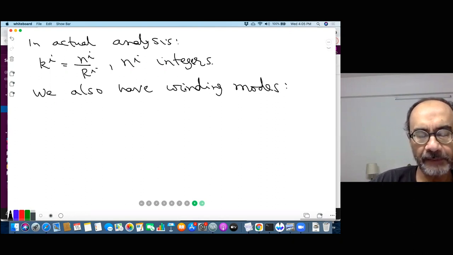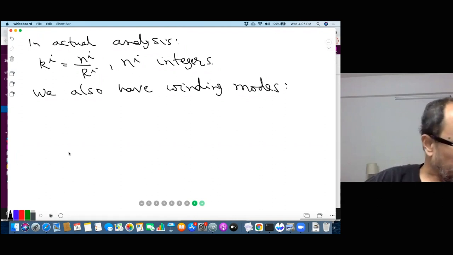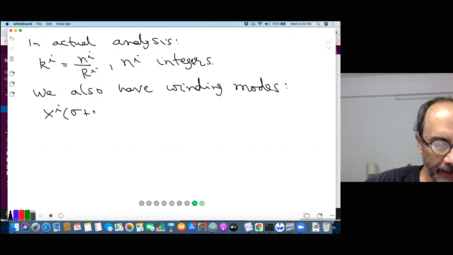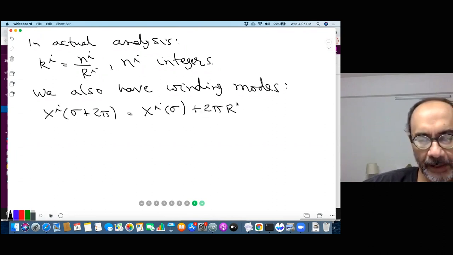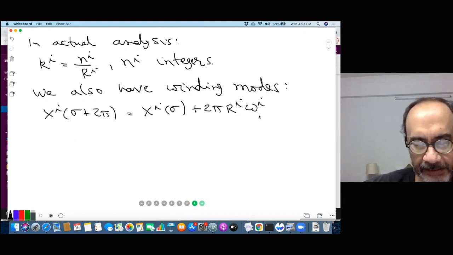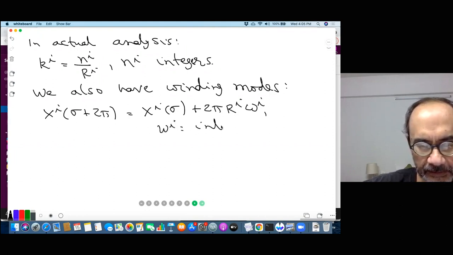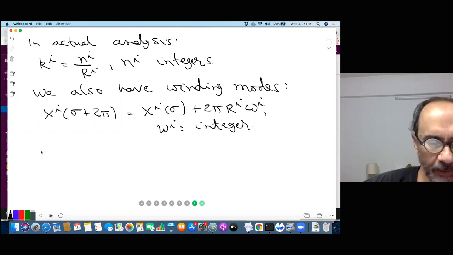So that's why the expansion had to be in powers of e to the i n sigma, and then the e to the i n tau came from the time dependence. But now we also have the possibility that when sigma changes by 2 pi, it's not periodic, but it winds 2 pi ri wi, where wi are integers. So these are known as the winding modes.